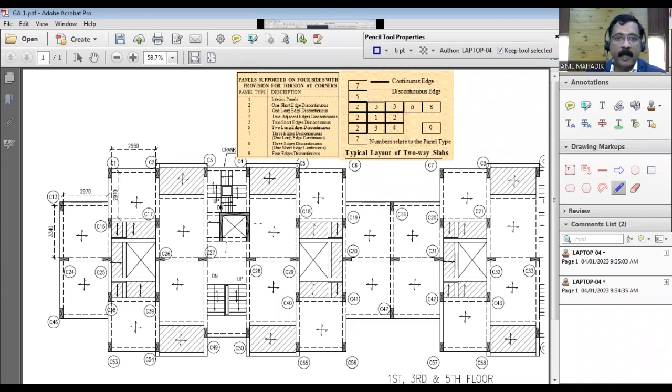Now, this is a practical problem. One residential RCC building is there, and there are slabs, beams, columns, staircase, lift, and all these things.